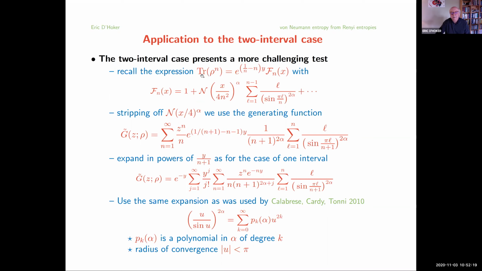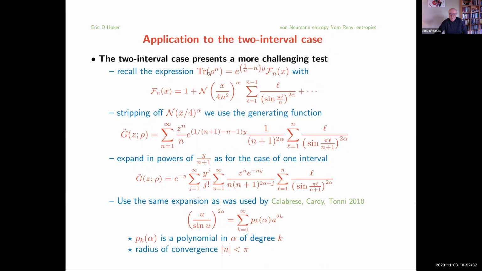Recall that the trace of rho to the n was the same prefactor that we had in the one interval case, and then this complicated function. So the essence is really this complicated function. The rest is rather simple.